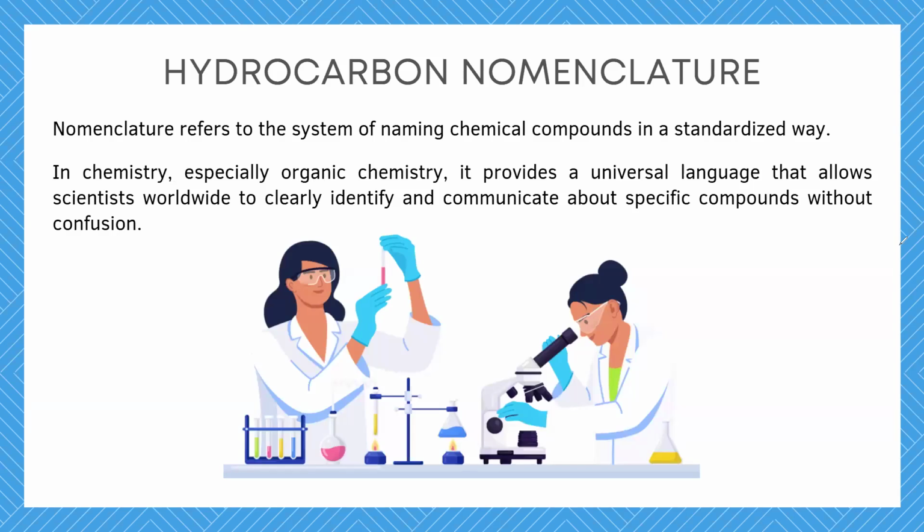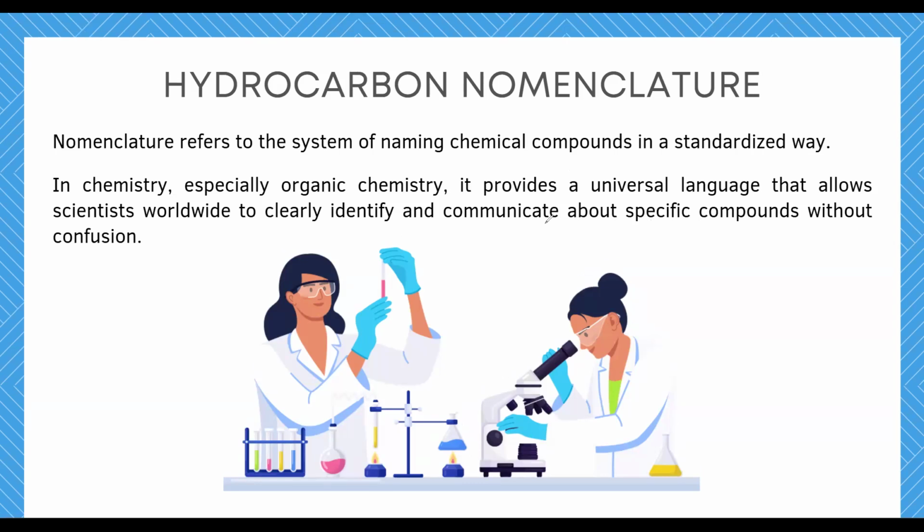So first things first, since we're talking about how to name organic compounds, let's define what nomenclature is. In chemistry, another word for naming stuff is nomenclature. Nomenclature refers to the system of naming chemical compounds in a standardized way.